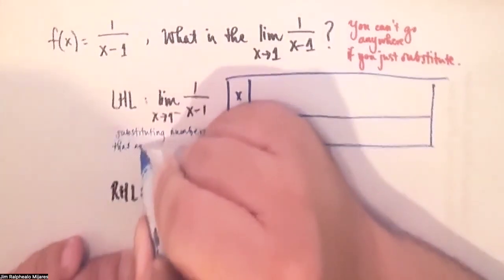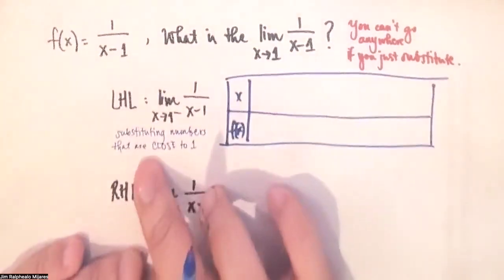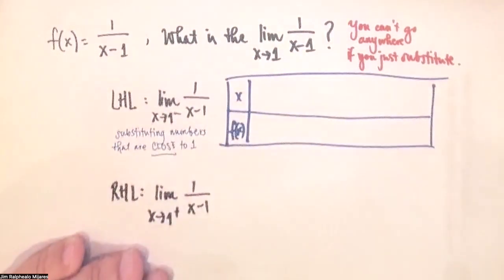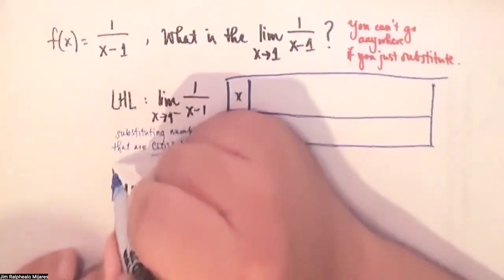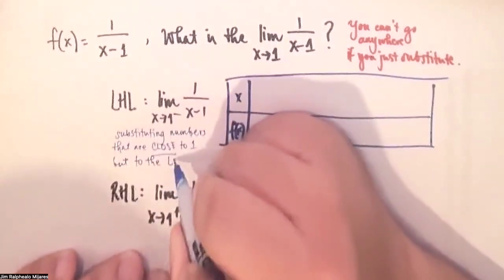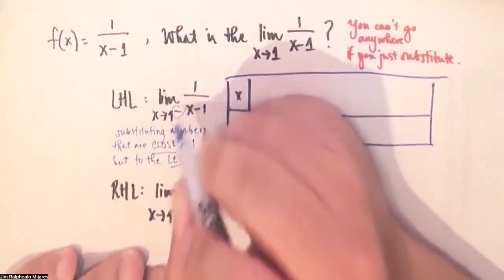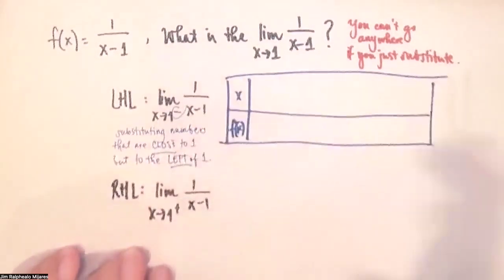We are substituting numbers that are close to 1. Remember, it's important that they're close to 1, but to the left of 1, because it's 1 from the left.